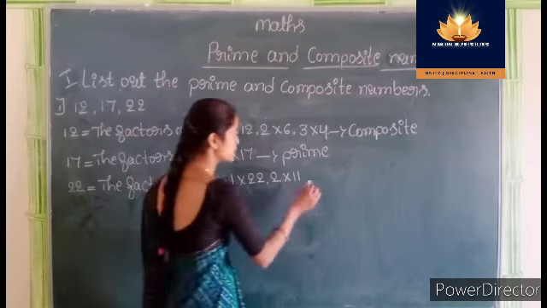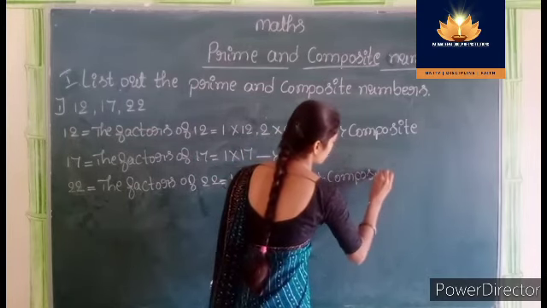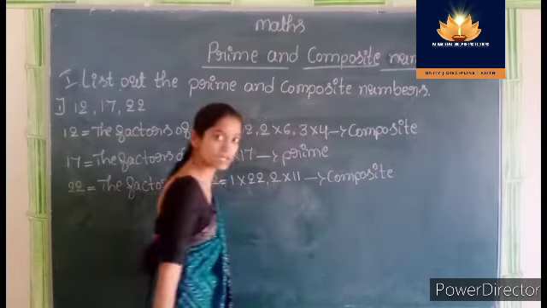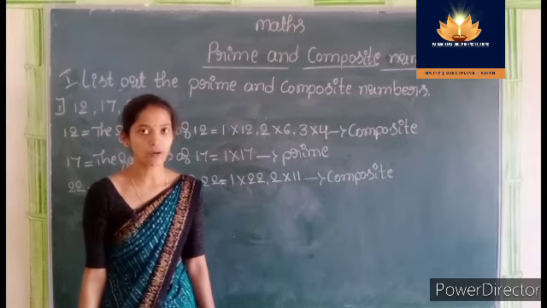So 22 is a composite number. Okay, have you understood? Like this we can identify prime and composite numbers.